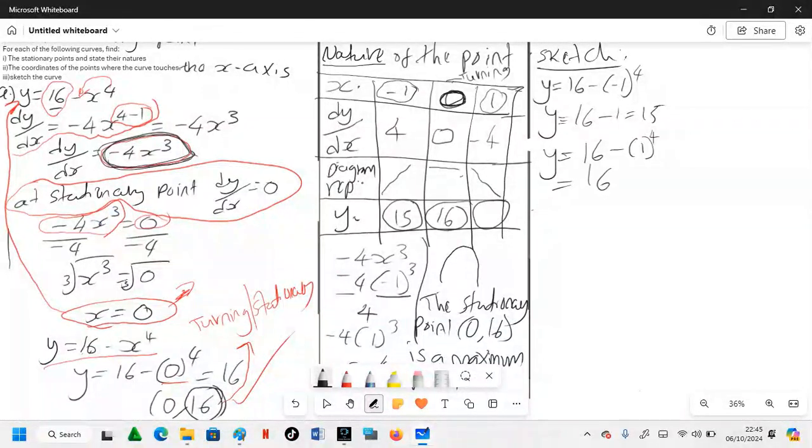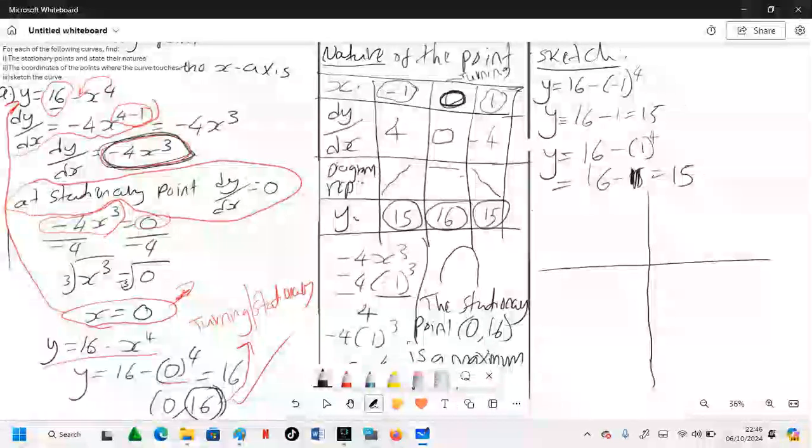So that is still 16 minus 1, and therefore the answer is 15. So, of course, you probably have the graph there. The curve is going to be a little bit more accurate than mine, right?